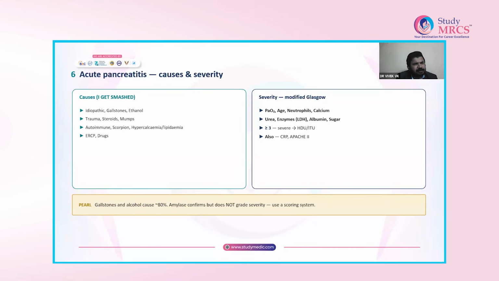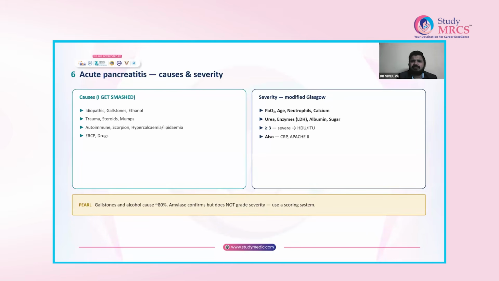That is idiopathic, gallstone, ethanol, steroids, mumps, autoimmune causes, scorpion bite, hypercalcemia and the hypertriglyceridemia, and the post-ERCP. And finally, there are certain drugs that can induce the pancreatitis.